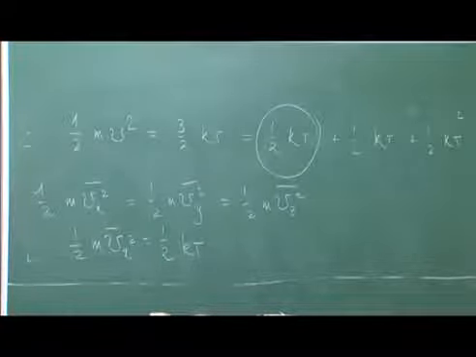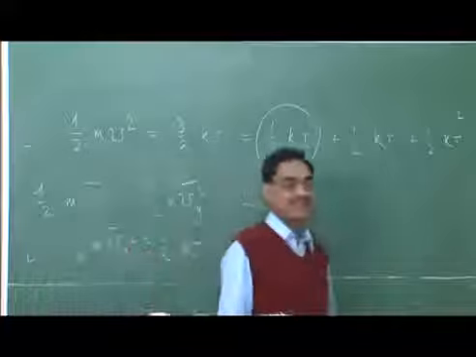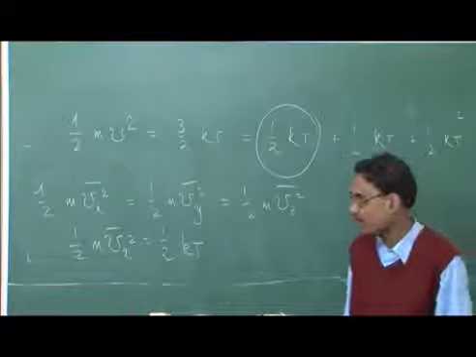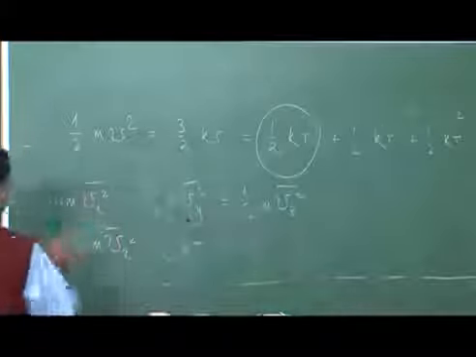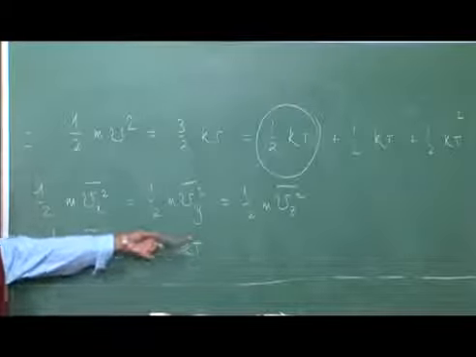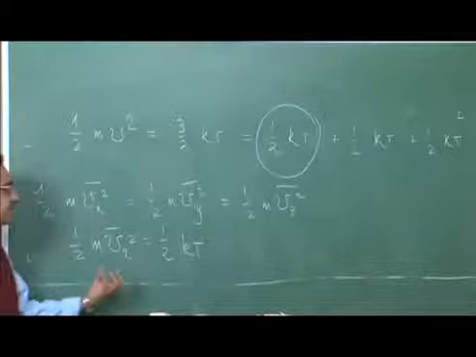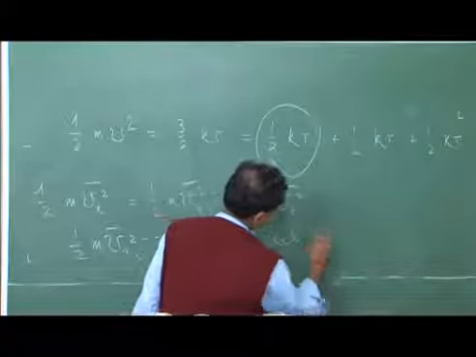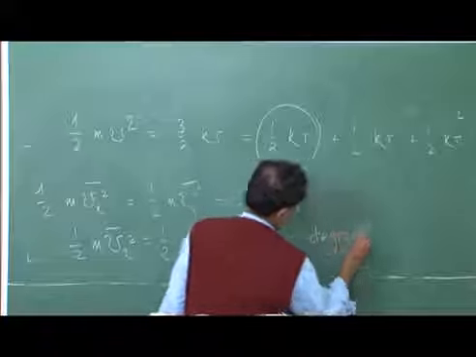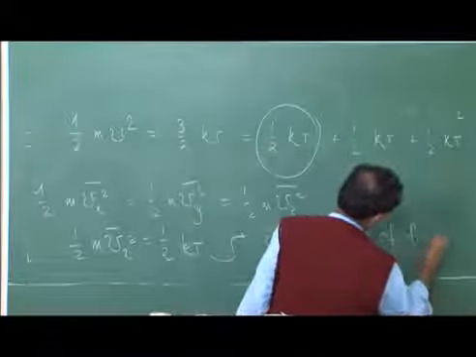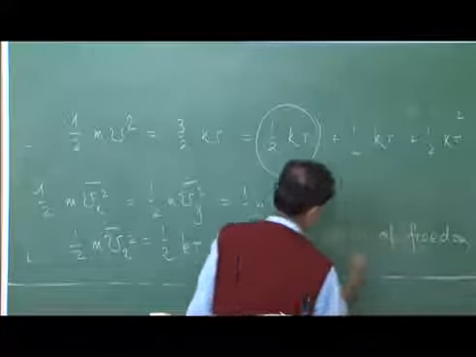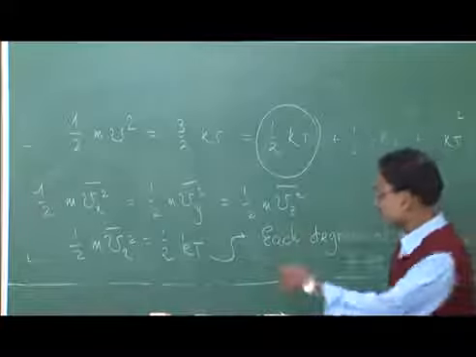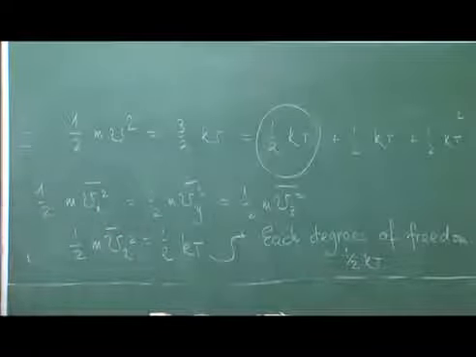It is very important that each kinetic energy is half kT. I do not have any potential energy in the problem. So, half m vy square would equally be half kT. Each degree of freedom contributes a half kT to the system.